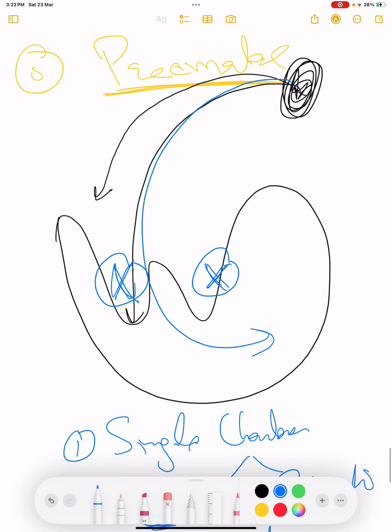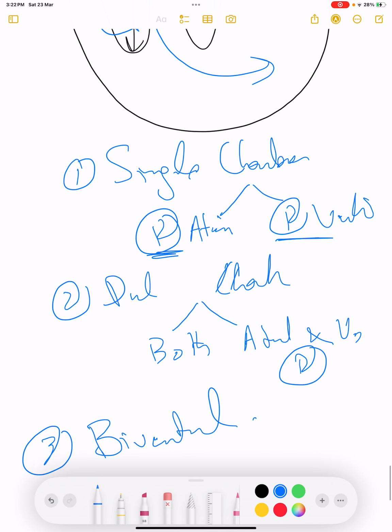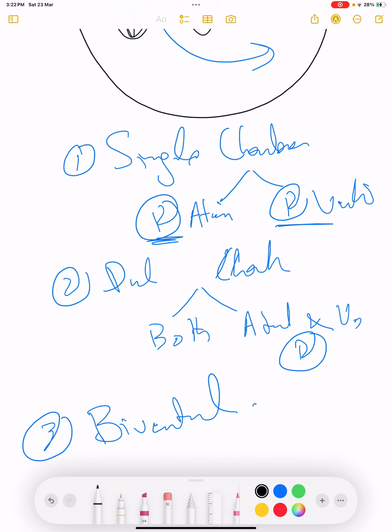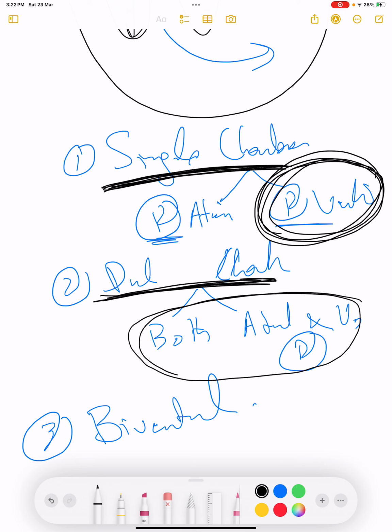Biventricular pacemaker. So which type of pacemaker will lead to a broad complex rhythm? The single chamber pacemaker and dual chamber pacemaker. These types of pacemaker usually give a broad complex rhythm. Among single chamber pacemakers, it is the right ventricular single chamber, or dual chamber, which includes right atrium and right ventricle.